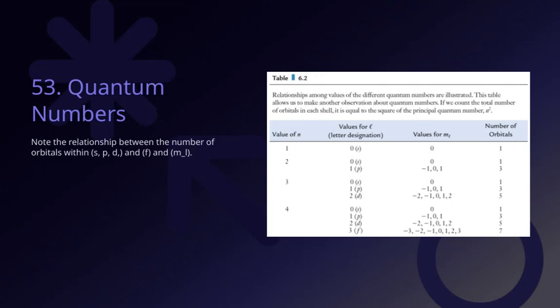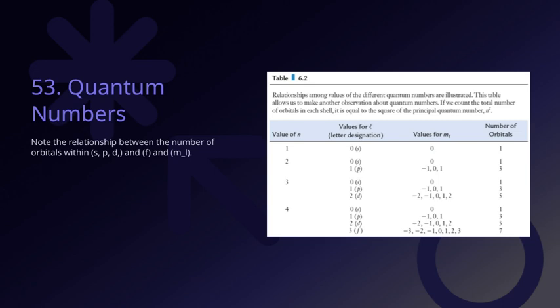Let's take a moment to note the relationship between the number of orbitals within the different types, S, P, D, and F, and their magnetic quantum number, ML. As you know, each type of orbital has a specific number of orientations or values for ML. For S orbitals, there is only one orbital with ML equal to 0. Moving to P orbitals, there are 3 possible ML values, -1, 0, and +1, which means 3 orbitals. For D orbitals, the ML values range from -2 to +2, giving us 5 orbitals.